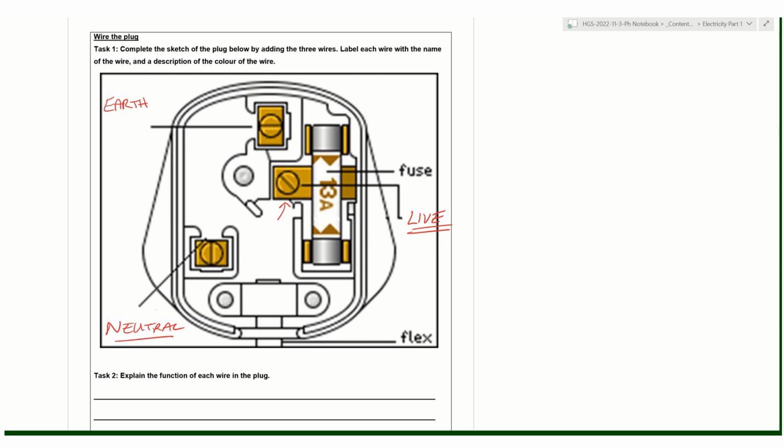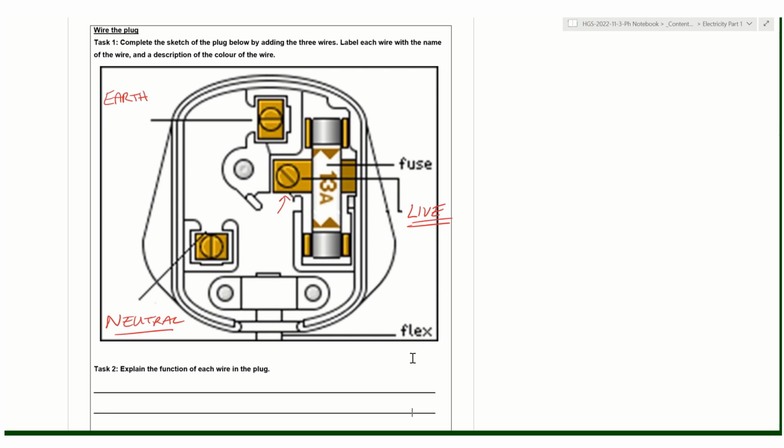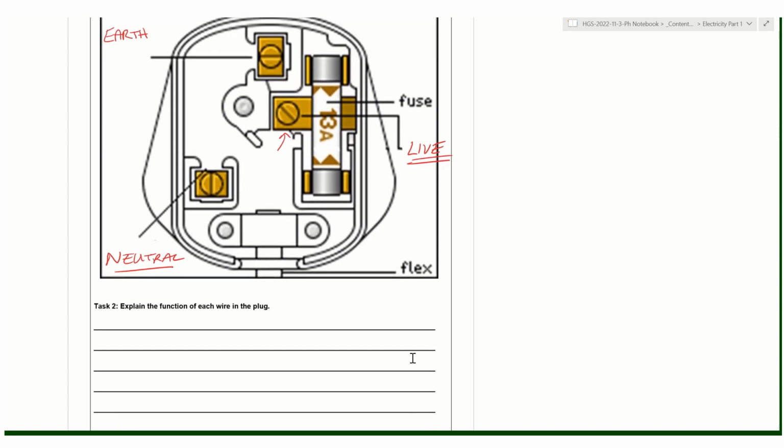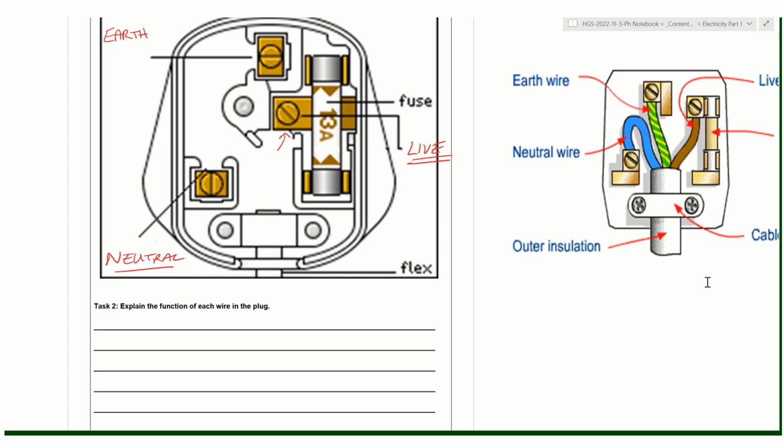Now, one thing that you have to be able to do is explain what each of these wires are for and what colors they are. And the colors are very important. It comes up a lot in exams. You need to learn them off. So these are the colors. The earth wire is the only one that's got 2 colors, green and yellow, which means that for people who have some sort of color blindness, this is the only one that has the 2 colors on it.